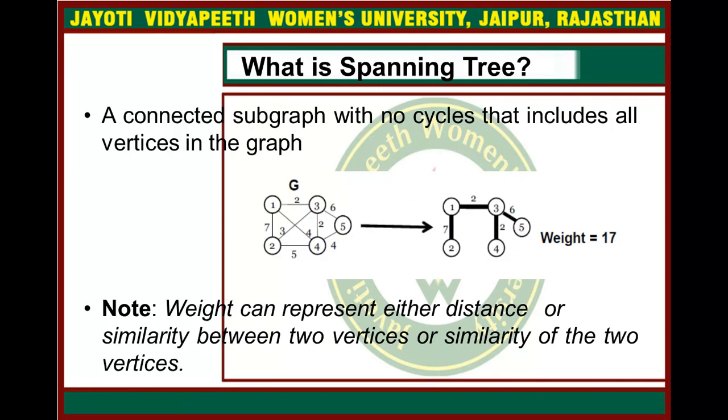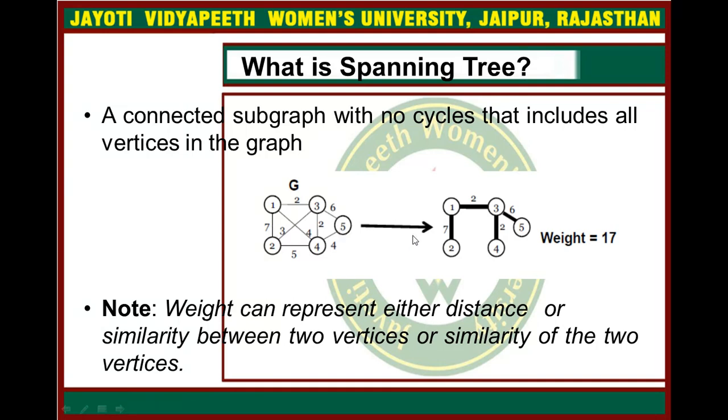Now come to the spanning trees. A spanning tree is a connected subgraph with no cycles that includes all vertices in the graph. You can see here no cycles, means there is no cycle formed. You can see 1 2 3 4 nodes, and this is a graph. These 2 7 3 4 are the weights.